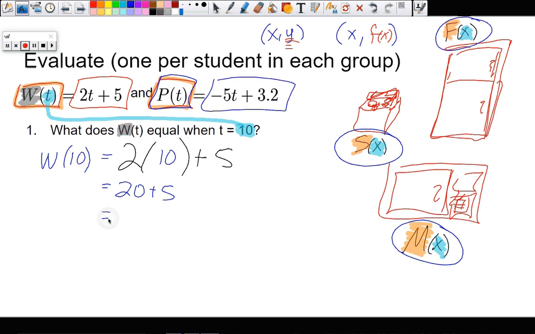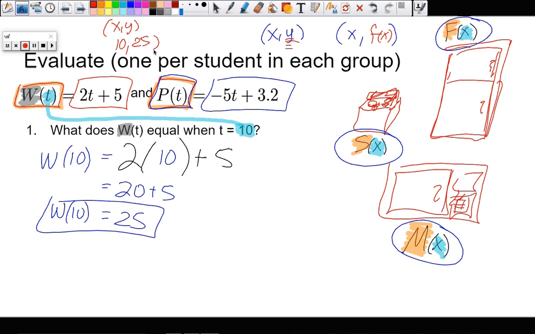I'll get 25, and therefore w of 10 is equal to 25. Back in Algebra 1, you saw this as xy. In this case, x would be 10, and the result would be 25. The input that we threw into this equation was 10.